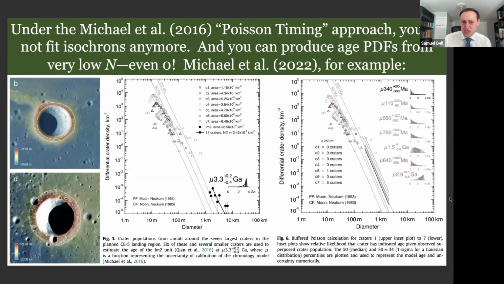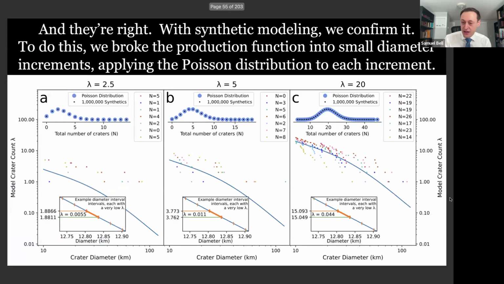And under the Michael et al. 2016 Poisson timing approach, you do not fit isochrons anymore. And you can produce age PDFs from very low n, even 0. Here's Michael et al. 2022, for example, doing just that with ages from a count of 0. And here's the thing, they're right. With synthetic modeling, we confirm it.